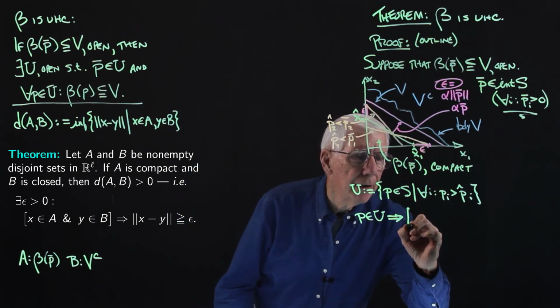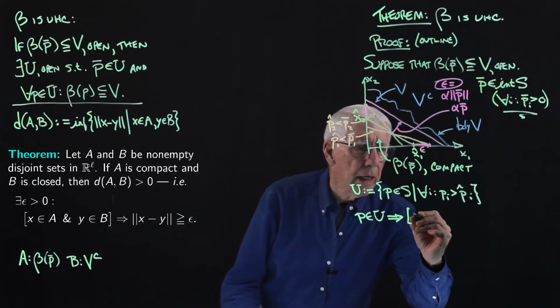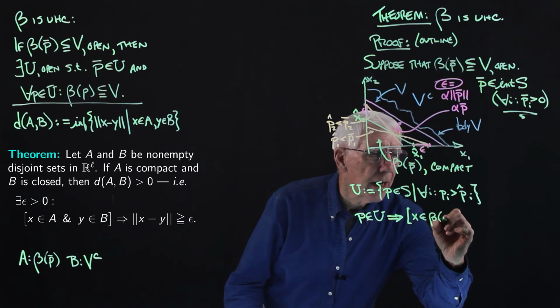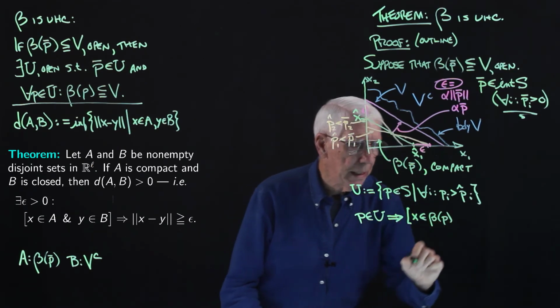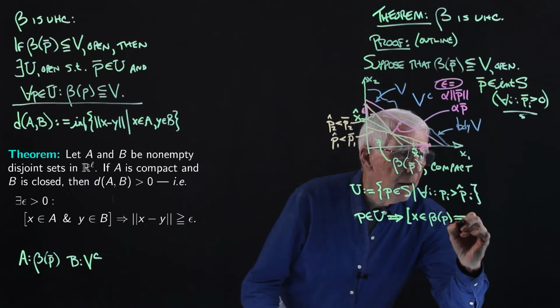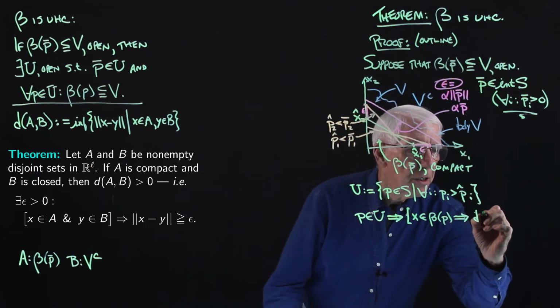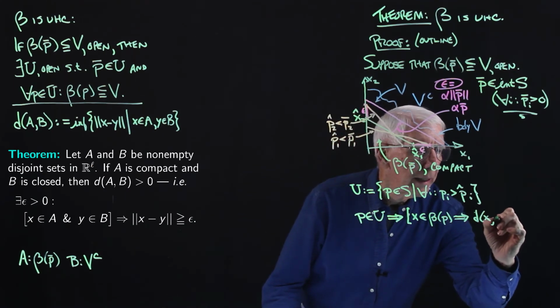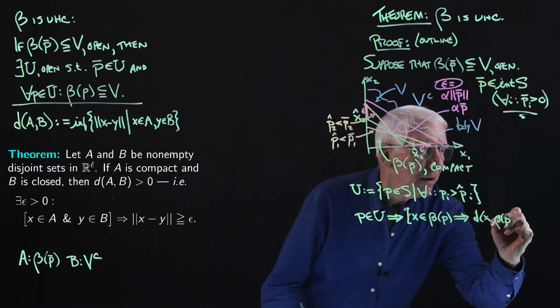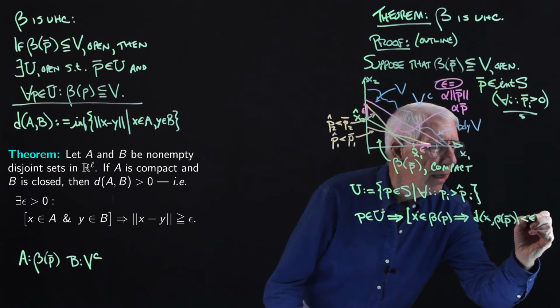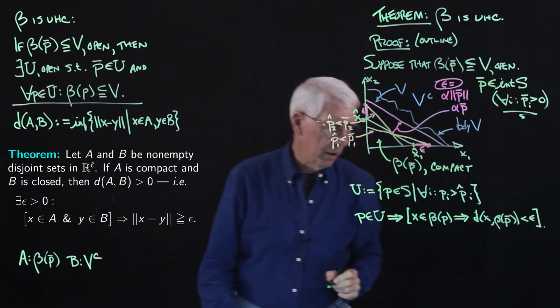So we say if we have a point in the budget set for this P, then it's going to be the case that the distance between that point and the budget set for P bar is going to be less than epsilon.